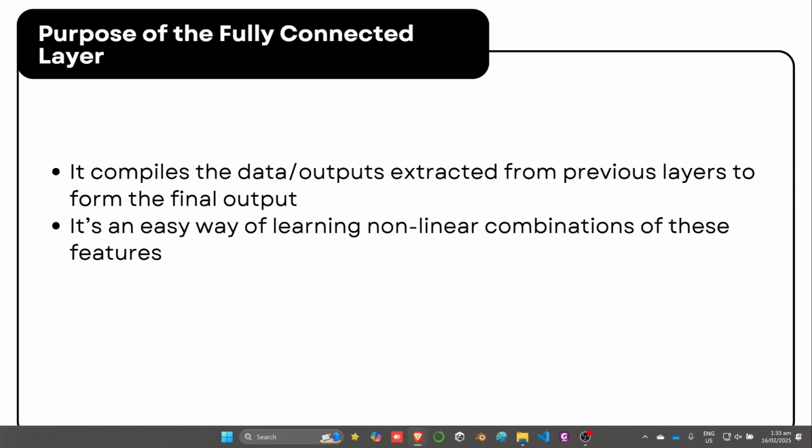So what's the purpose of this fully connected layer? Well, it compiles the data outputs extracted from the feature maps and the previous layers to form a final output. But that doesn't tell you much. So effectively, imagine it's an easy way of putting a neural net to learn the nonlinear combination of these features.